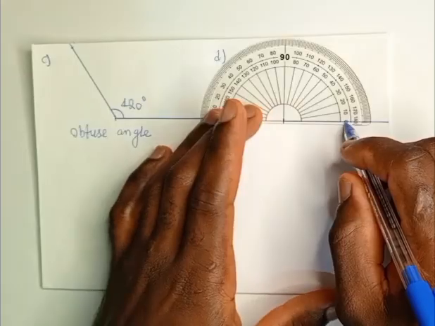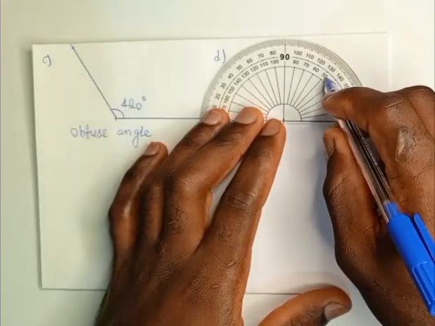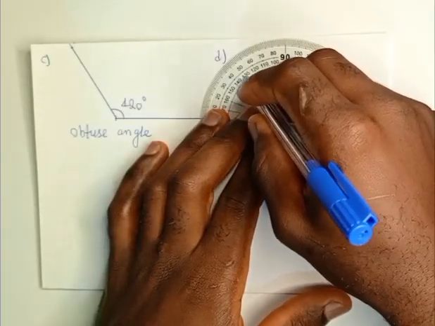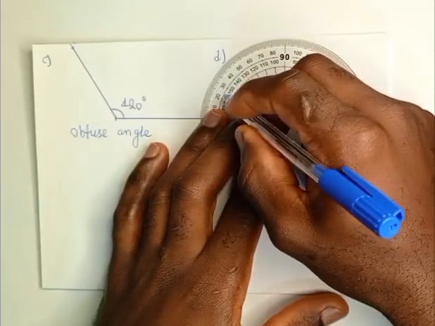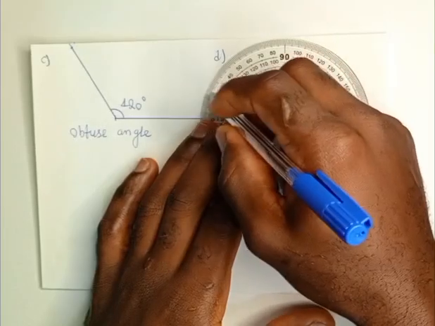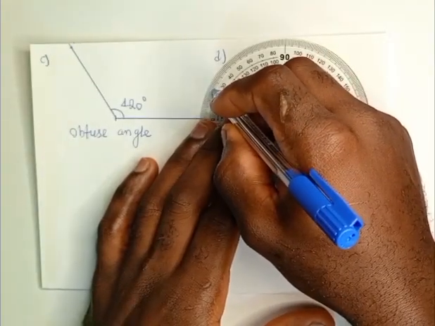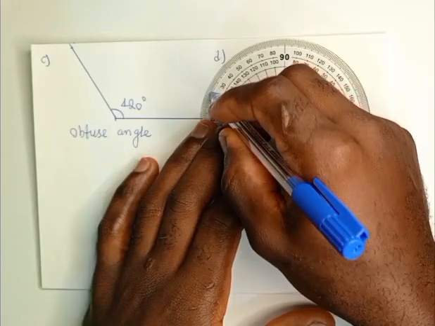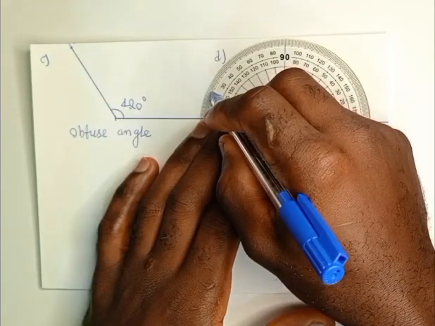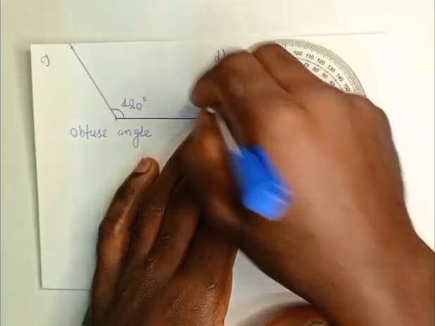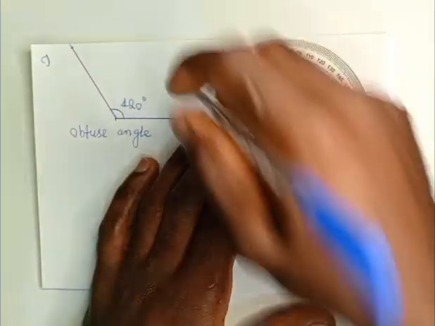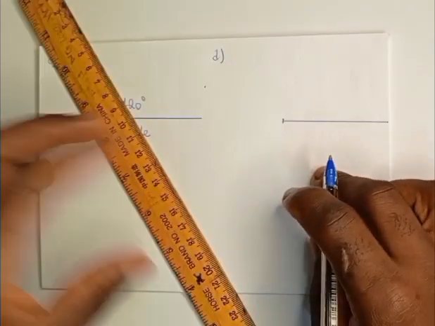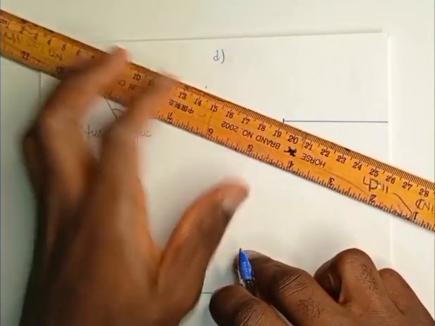This is 0 degrees, 10, 20, 30, 40, 50, 60, 70, 80, 90, 100, 110, 120, 130, 140, 150. This is 155. Then we count 2 units again, 155, 156, 157. Then we put a dot. Use our ruler to connect the dot to the initial point of the initial line. Such.